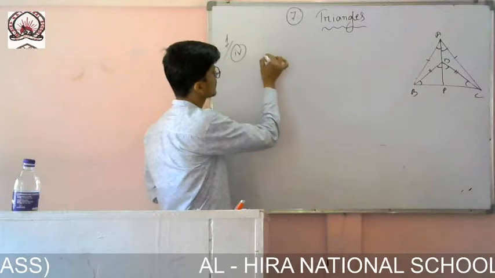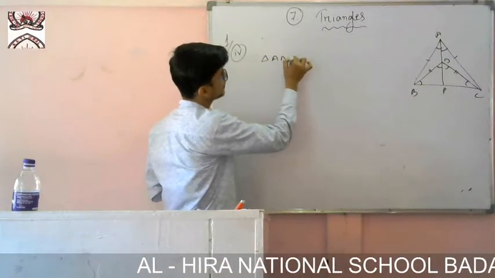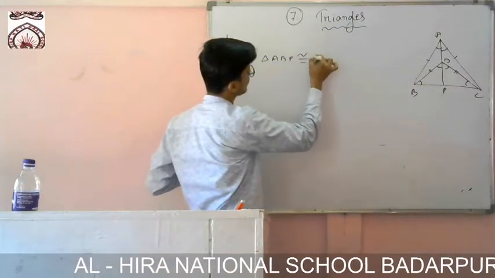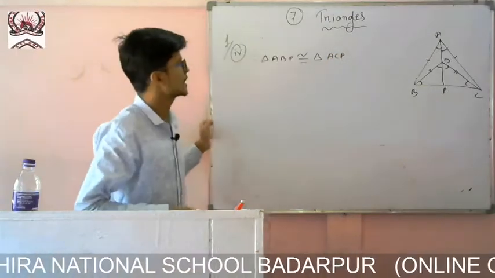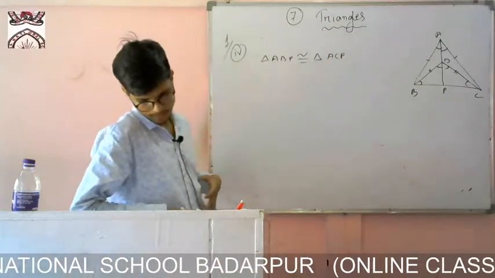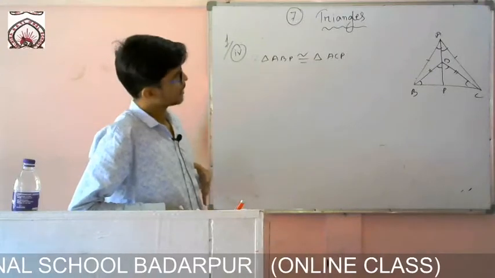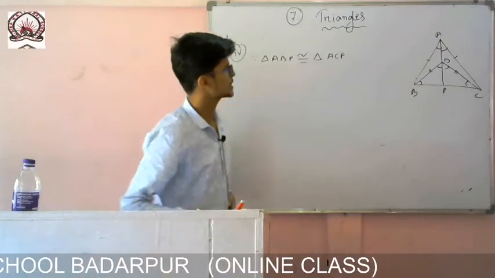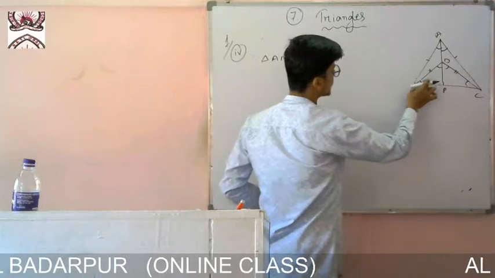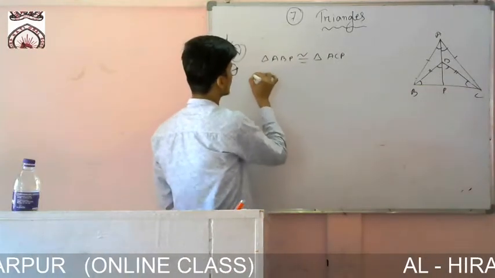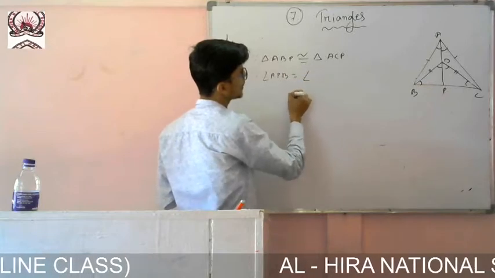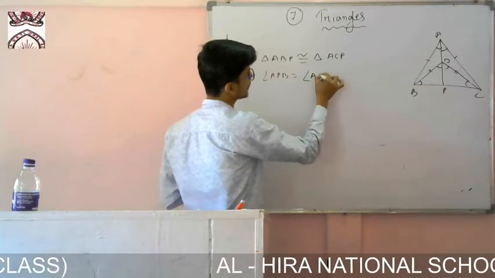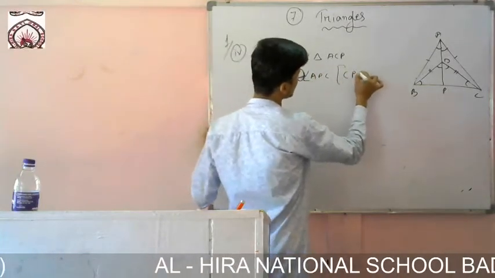So since triangle ABP is congruent to triangle ACP, I can write angle APB is equal to angle APC, and this one will be by CPCT.